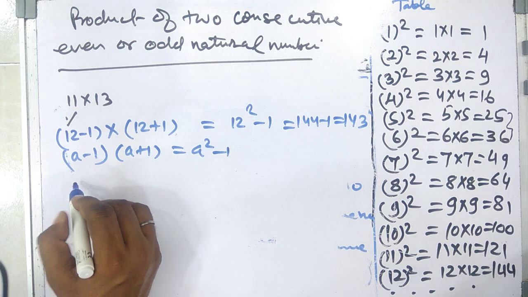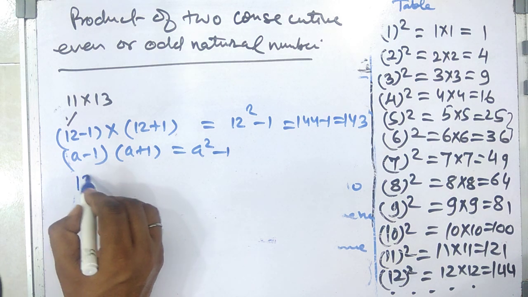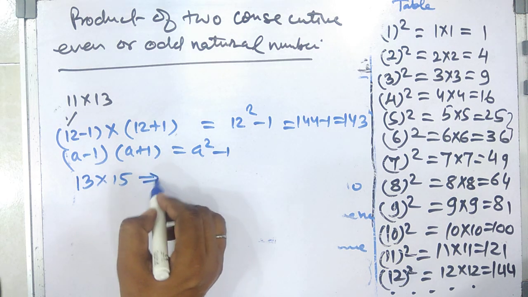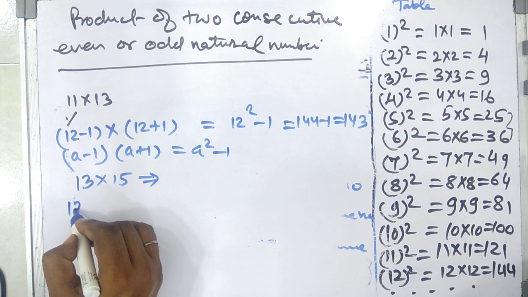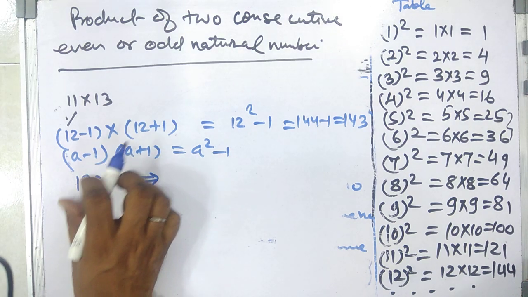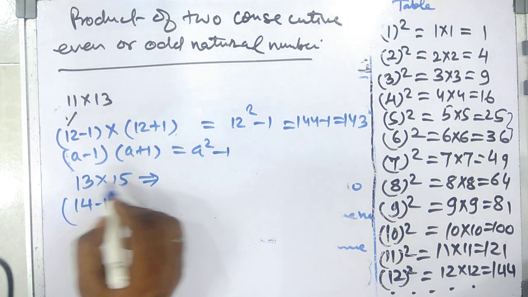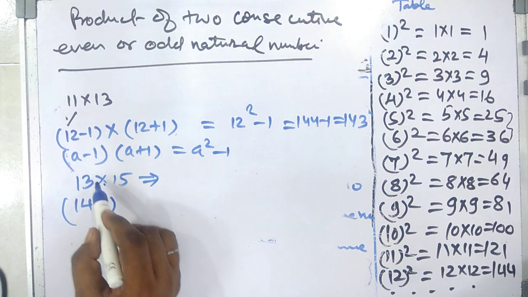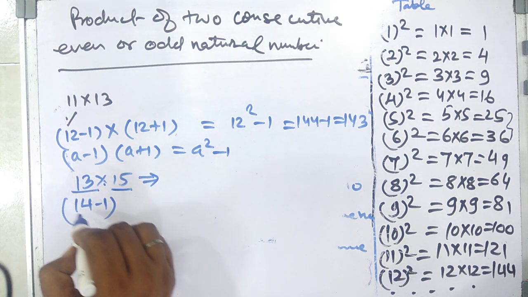Another example, students. 13 into 15. Between 13 and 15 is 14, so we will take 14. 13 is 1 less than 14 and 15 is 1 greater than 14.